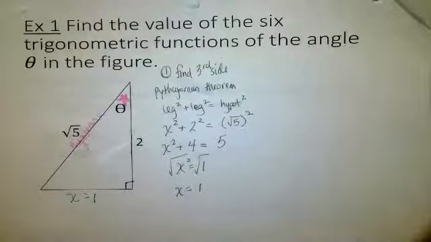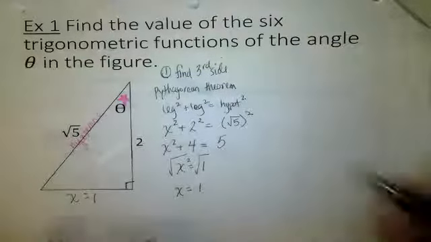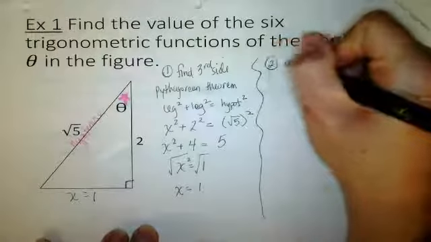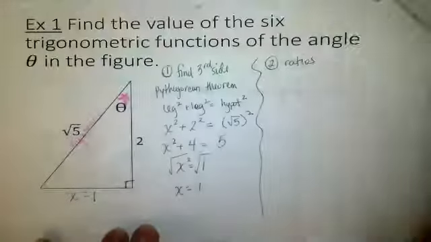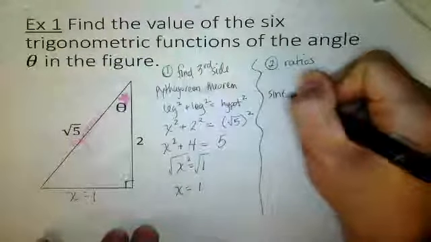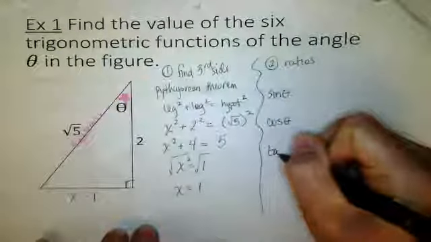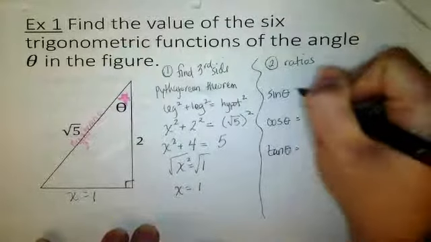Normally when we take a square root, we have to have a plus or minus, right? Yes. But not on this triangle. It's an actual triangle, so it has an actual length here of 1 unit. Once we have that, now we can do our trig ratios. I'm going to do the sine, the cosine, and the tangent according to angle theta.